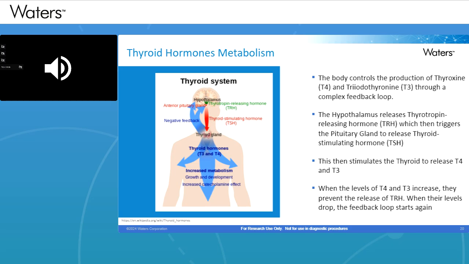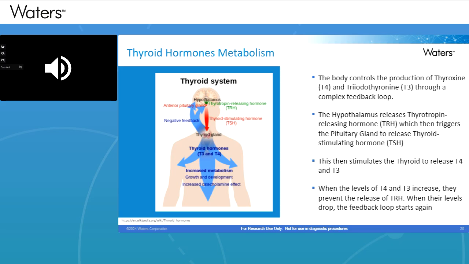TSH then stimulates the thyroid to release T4. When levels of T4 increase, they prevent the release of TRH, and this provides a negative feedback. When T4 and T3 levels reduce, the feedback loop starts again.